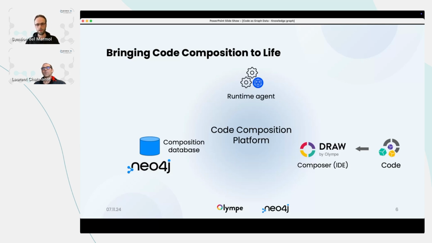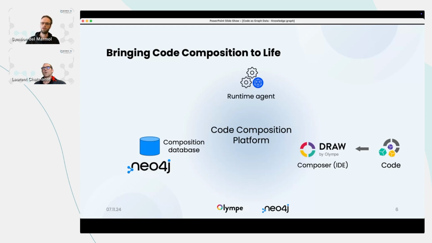We also need something to execute and transform that language into program instructions. This is our runtime agent, which is a lightweight agent that can be deployed anywhere you want. It can be a backend in the cloud, a desktop application, in your browser or whatever. It can be on the edge.